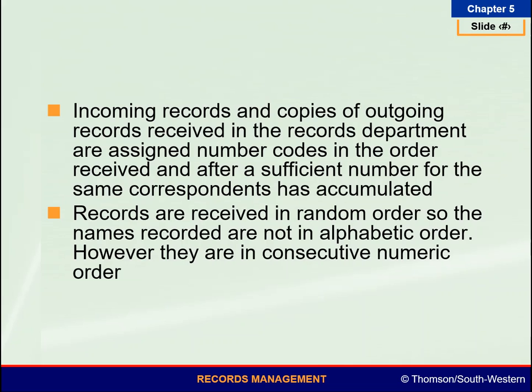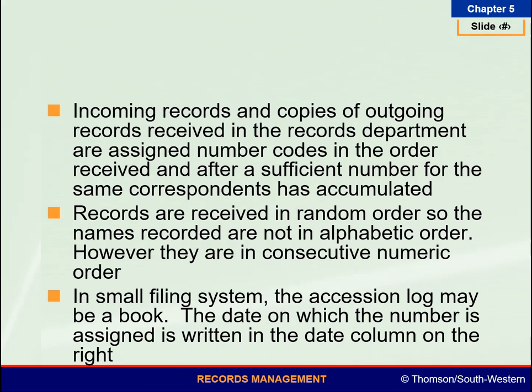Records are received in random order, so the names recorded are not in alphabetic order. However, they are in consecutive number. In some small filing systems, the ascension log may be a book. The date on which the number is assigned is written in the date column on the right.